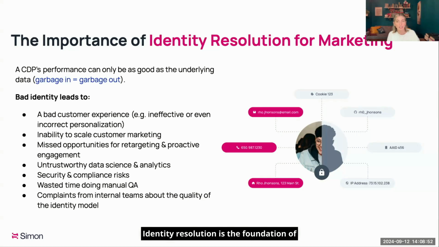Identity resolution is the foundation of any successful customer data strategy. If your data is inconsistent, your campaigns will be inconsistent. Bad data can cause customers to receive irrelevant offers or be bombarded with ads for products that they've already purchased, which frustrates them and reduces engagement. In fact, Gartner says that poor data quality costs organizations around $12.9 million in lost opportunities and bad business decisions.